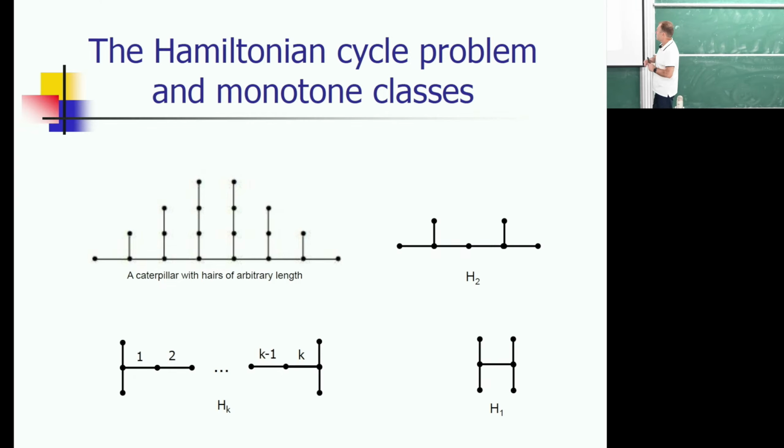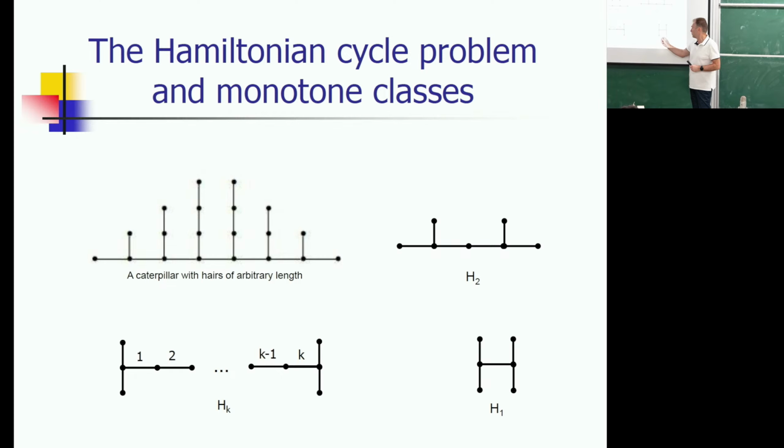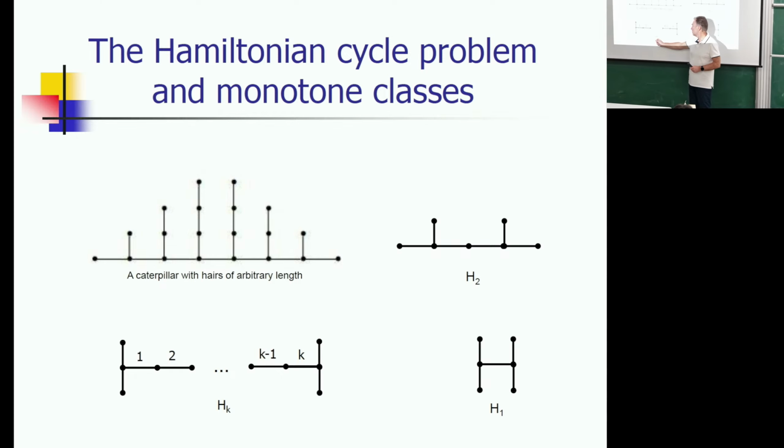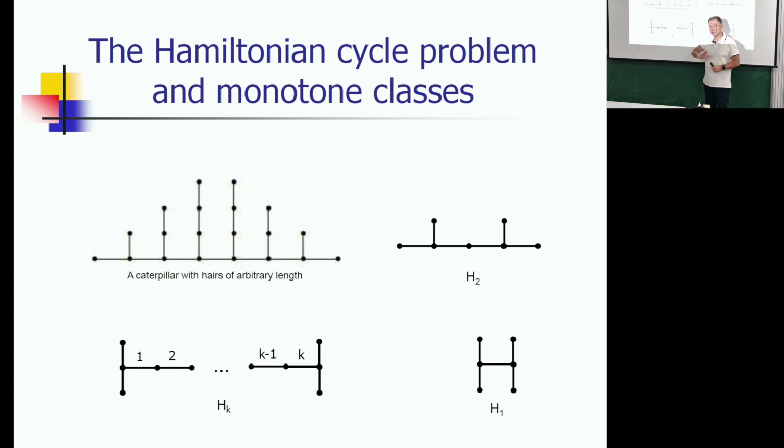So we just proved that for H1, which is the capital letter H, the problem admits a polynomial time solution. What about H2 subgraph free graphs? I will show you that for some values of k, the problem is polynomial time solvable. For some of them, it's NP-complete.